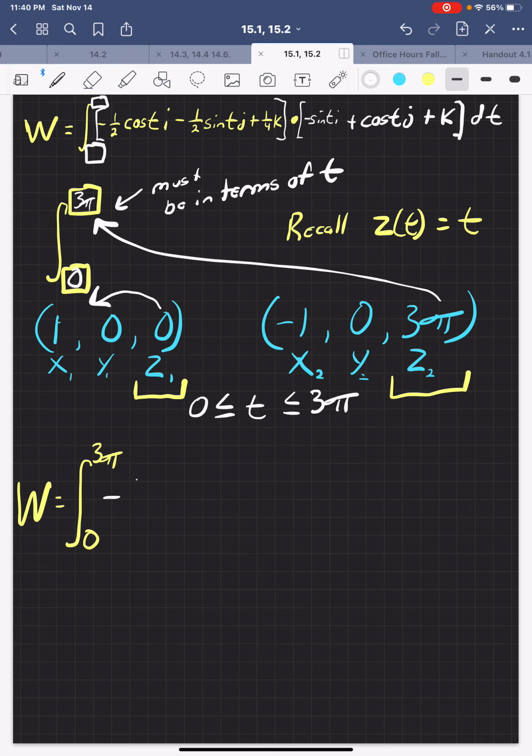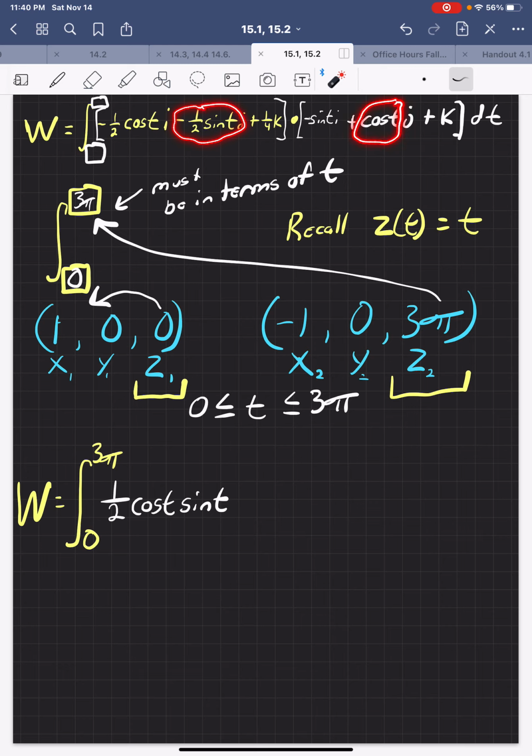Let's start with the i components. So if you have -1/2 cosine of t times negative sine of t, that's a negative times a negative. So that's going to be +1/2 cosine of t sine of t. Remember, a dot product's not a vector, so we're not going to write the i's and j's. Now you have a -1/2 sine multiplied by a positive cosine.